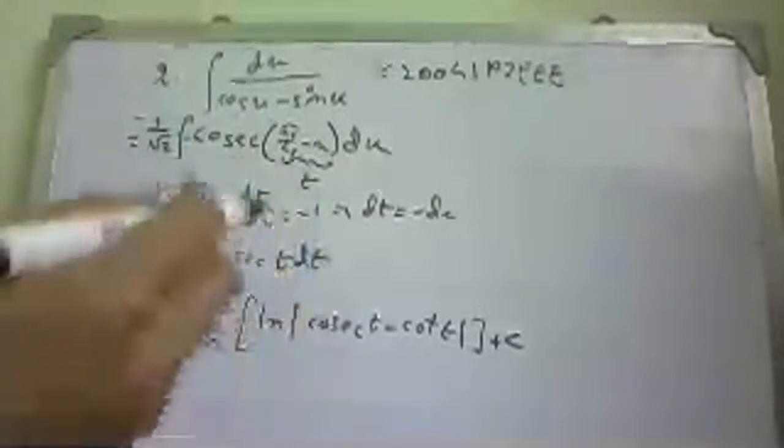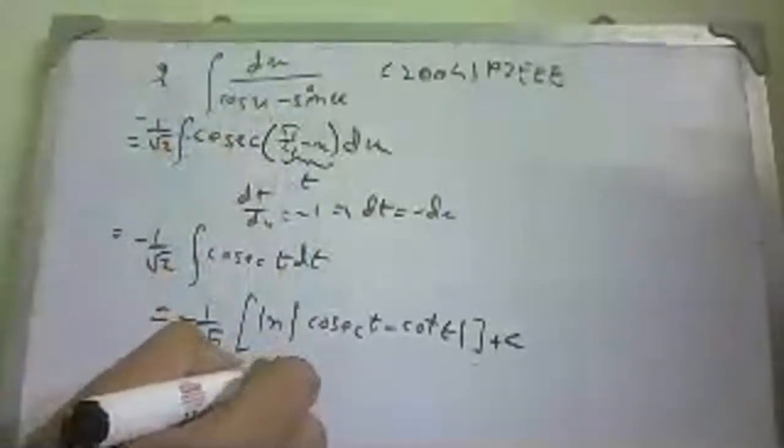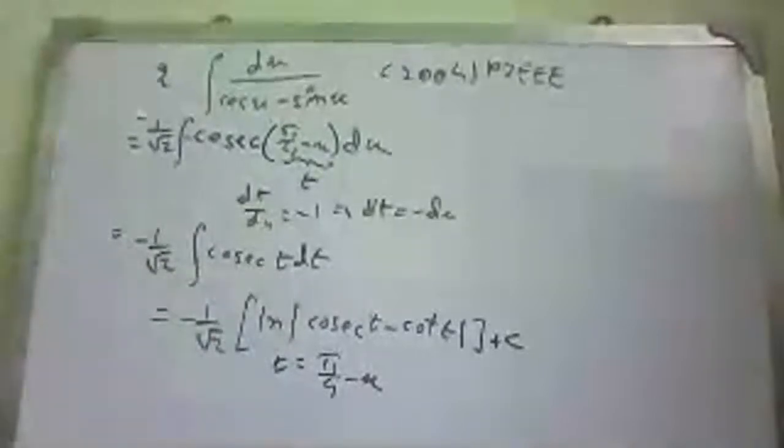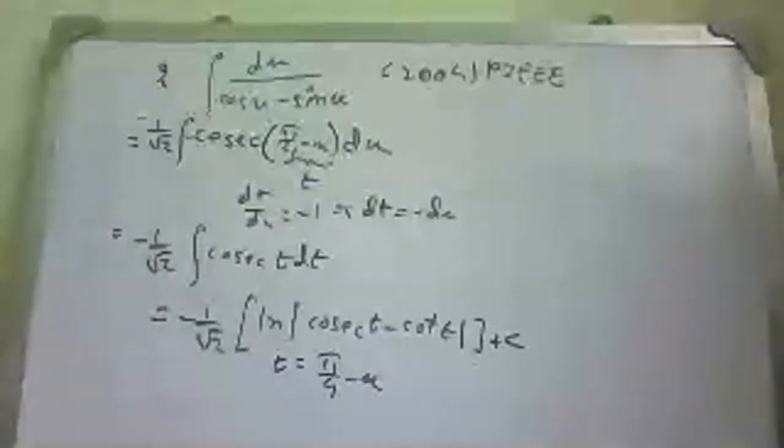And we know what t actually is, it is pi by 4 minus x. So I'm just writing that t is actually nothing but pi by 4 minus x. So if we just plug in, we will get the answer. So we're basically done with the second question.